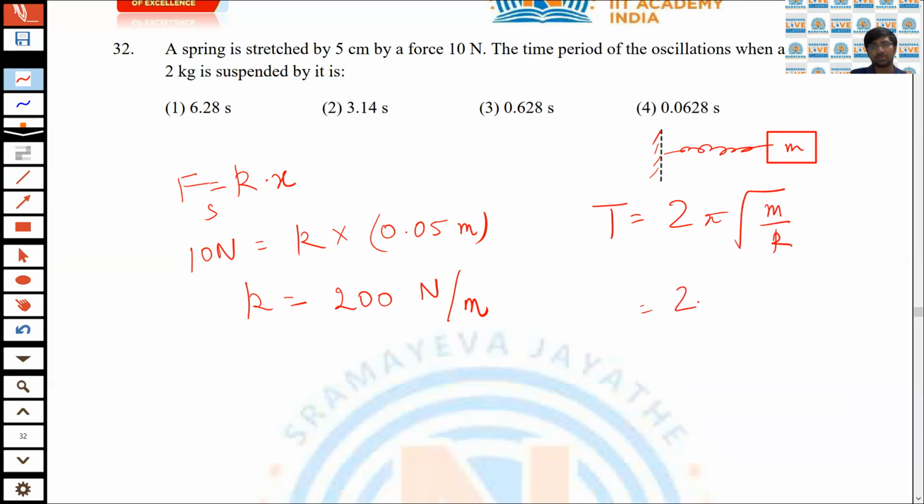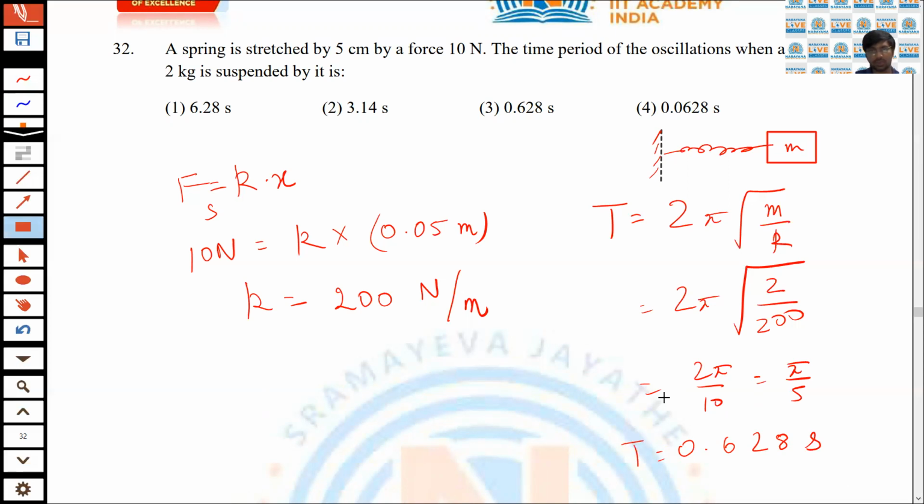So this value becomes 2 pi under root of 2 divided by 200, which means 2 pi by 10, which means pi by 5. So this value becomes 0.628 seconds. So the correct option for this question is the third option.